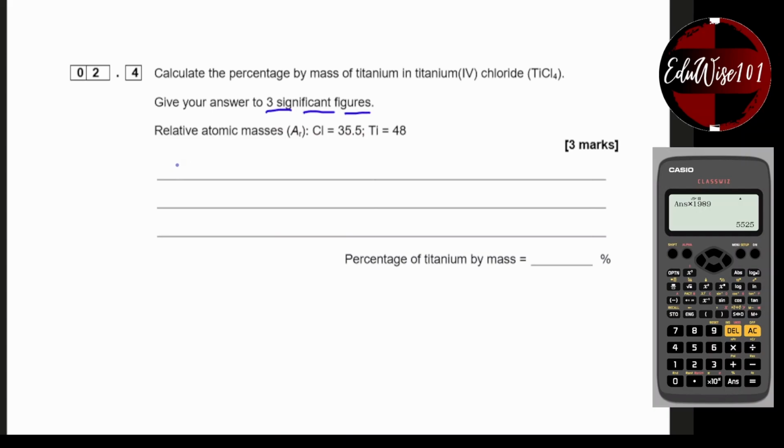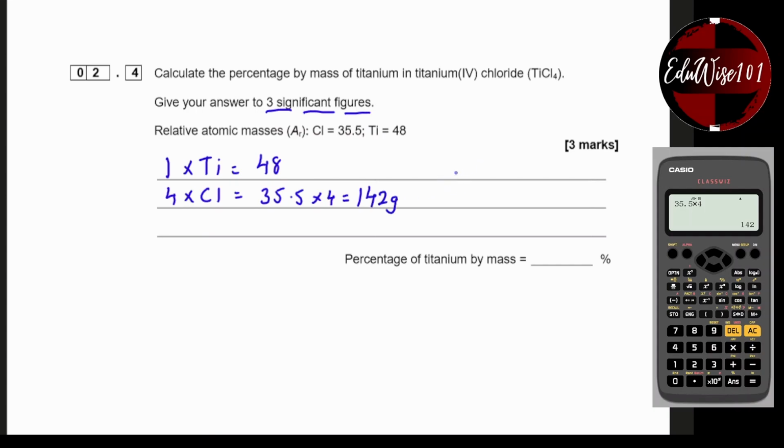So there's 1 atom of titanium, which is 48 grams, and 4 times the chlorine, which is going to be 35.5 times 4, which is 142 grams.